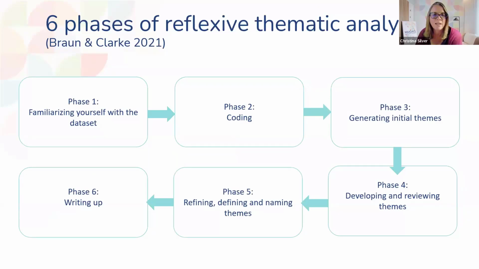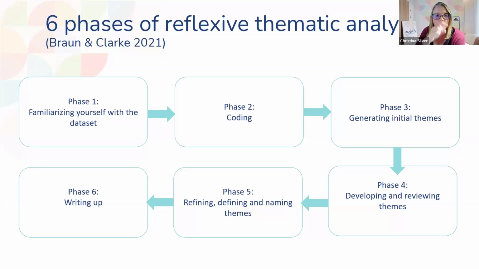Okay, so here is an overview of the six phases of reflexive thematic analysis as described by Braun and Clarke. Okay, and actually the names of these phases have changed a little bit over the years as they have refined and been more specific about them.